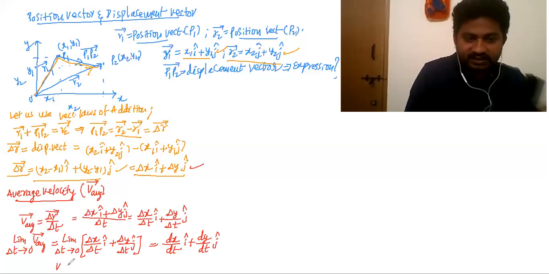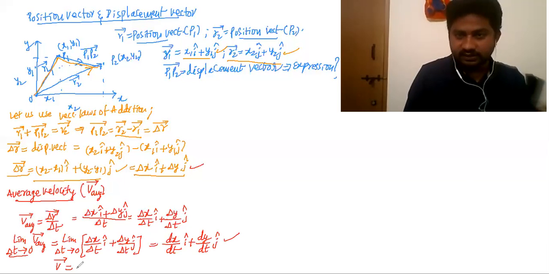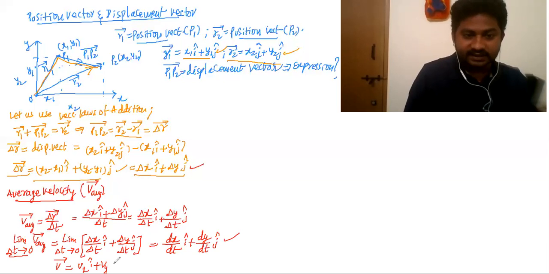So this is instantaneous velocity, my dear students. When you apply the limit delta t tends to 0 to average velocity, you get an expression for instantaneous velocity. Here, dx by dt is Vx, the instantaneous velocity along the x component, into i cap, plus Vy, the instantaneous velocity along the y-axis, into j cap.